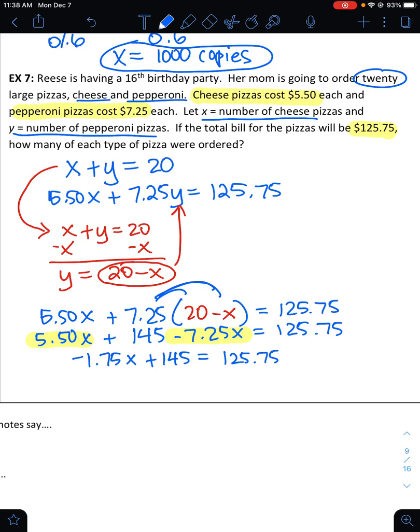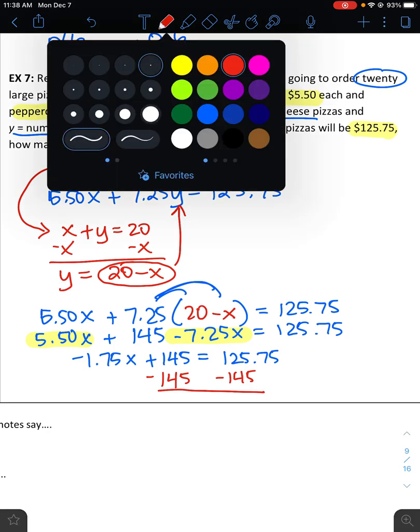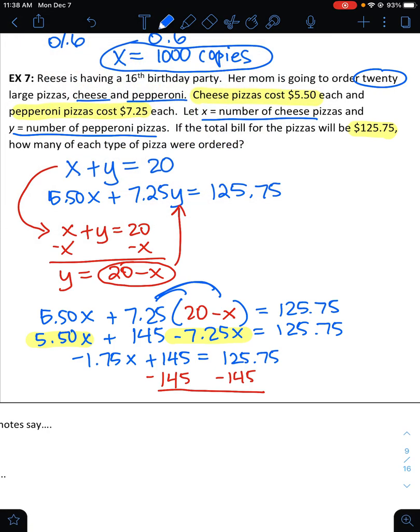So isolate X. So we are going to take away 145 from both sides. So that gives me negative 1.75X equals, so 125.75 minus 145 is negative 19.25.